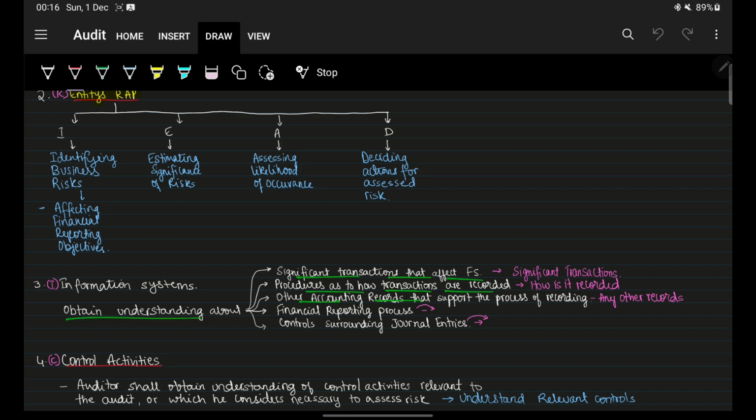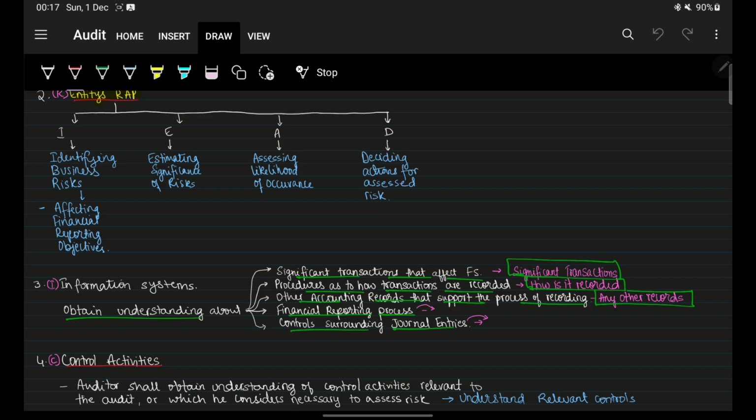Third, other accounting records that support the process of recording, and lastly the financial reporting process and controls surrounding journal entries. First he has to find out the significant transactions, and how they are recorded, what the procedure for recording is, and he also has to see any other records that support the process of recording.